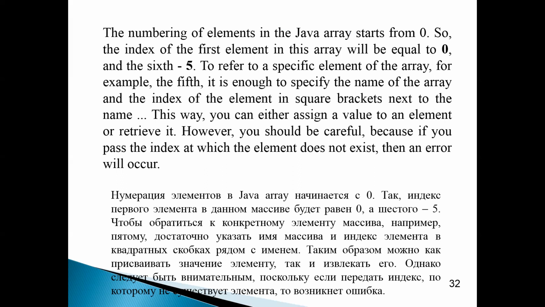This way, you can either assign a value to an element or retrieve it. However, you should be careful, because if you pass an index at which the element doesn't exist, then an error will occur.